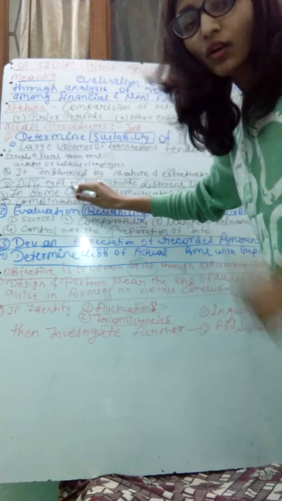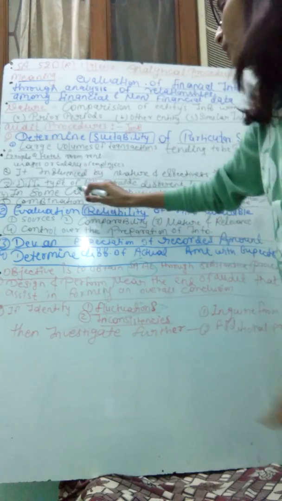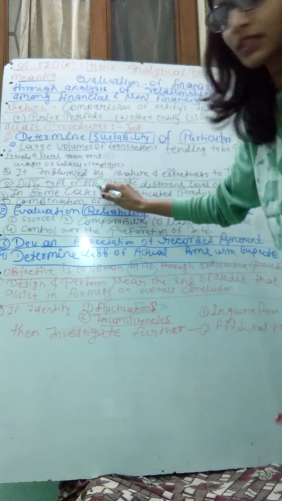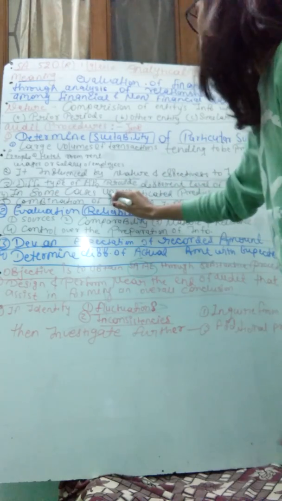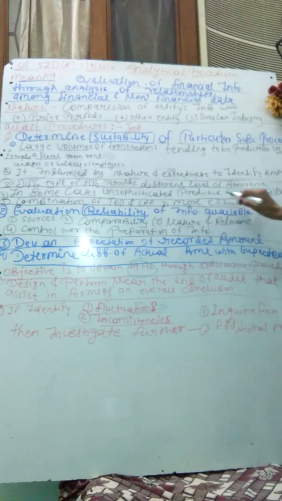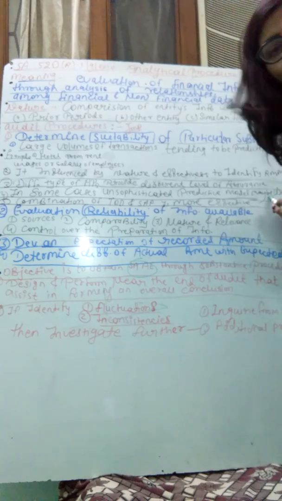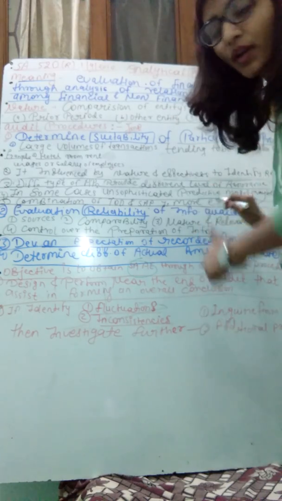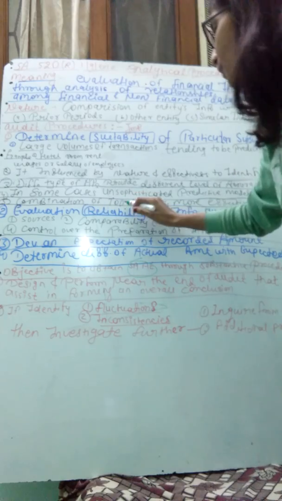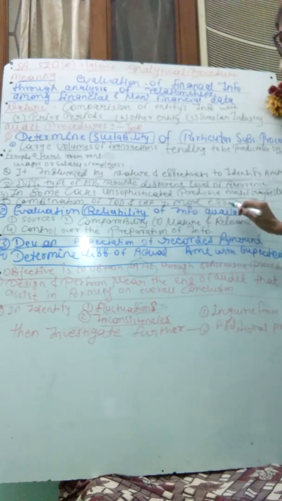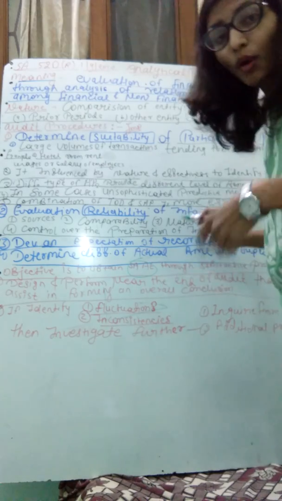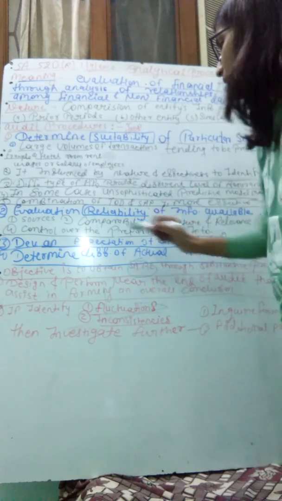Okay, so it is influenced by this, and different types of analytical procedures provide different levels of assurance. This is the auditor's professional judgment as to what type of analytical procedure he applies in any situation. Then in some cases, unsophisticated predictive models may be useful, for example, budgets, forecast. Then a combination of test of details and substantive analytical procedure is more effective for obtaining sufficient appropriate audit evidence.